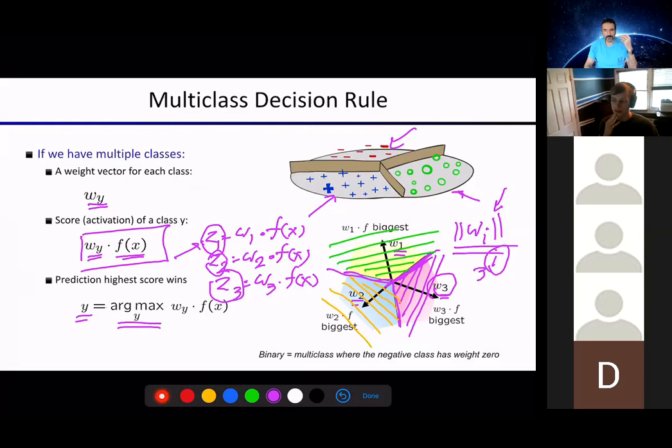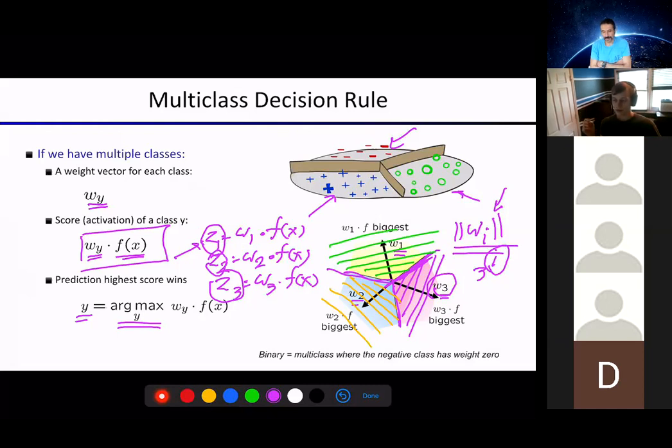Each of them has their own weight vector, and if f of x dotted with that weight vector for any given classifier is perpendicular or less, into the negatives, then it's effectively just 0. And then we just say that it's not this classification. Then we look at the other classifiers, check each of them, and see which of them is the largest value, right?